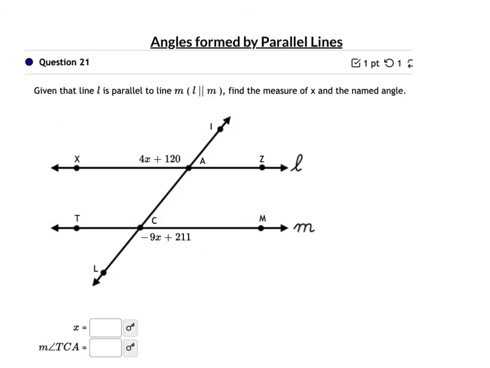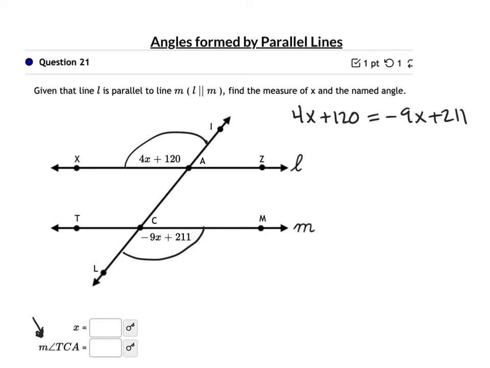Here we have some questions where we're going to set up an equation and solve for x. And once we find x, we're going to plug it back in to find the angle. Now, be aware that the angle you're looking for might be somewhere else in the diagram. Depends on the question. It's random. Well, this angle and this angle are alternate exterior, so they're congruent. That means that 4x plus 120 would have to equal negative 9x plus 211.